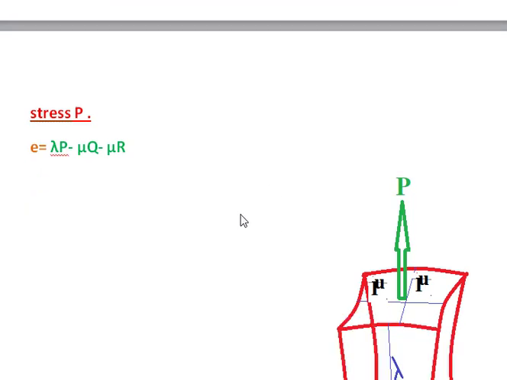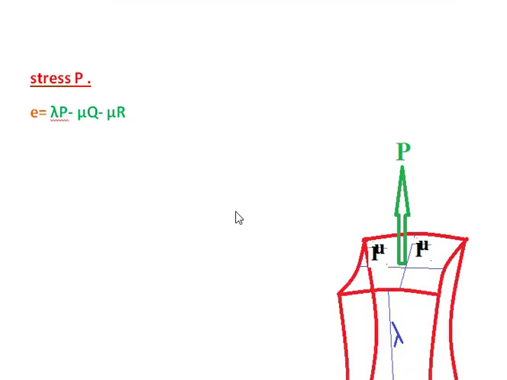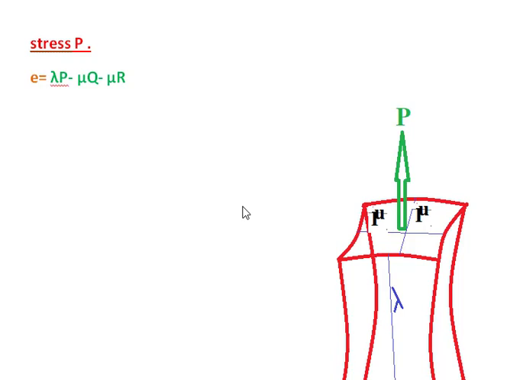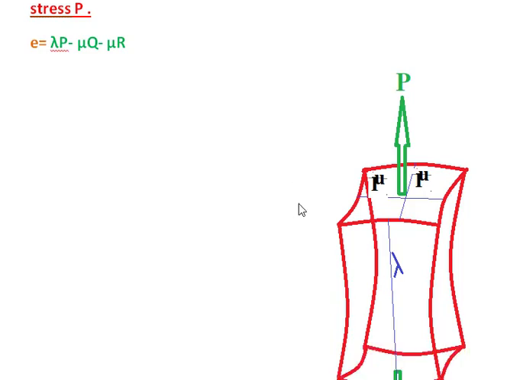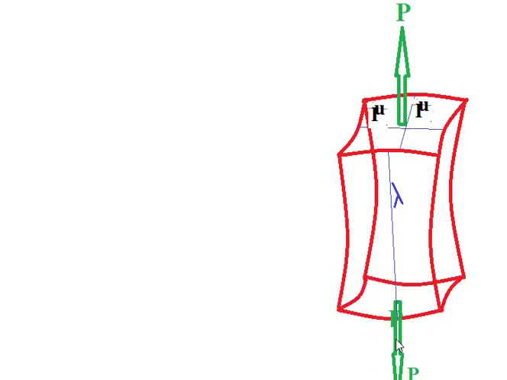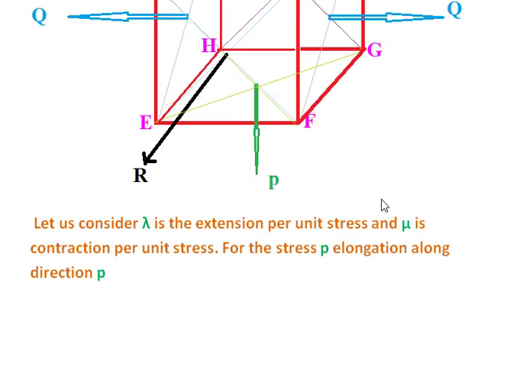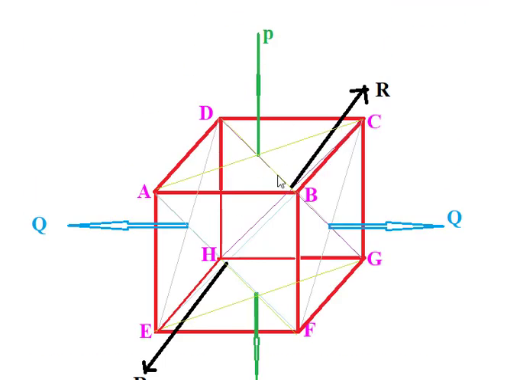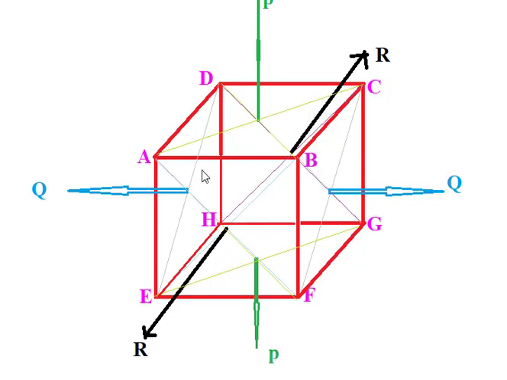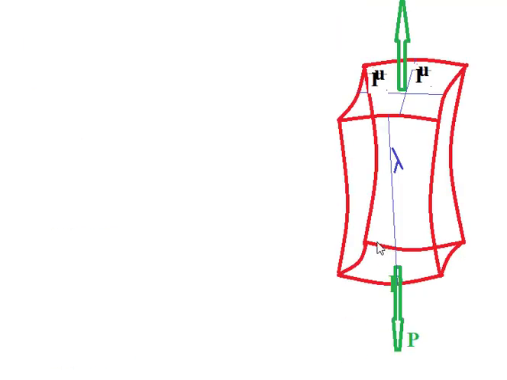For step 1, suppose we consider a force P only applied in this direction. See here, P is applied at the faces A, B, C, D and E, F, G, H. The pressure is applied here, so this cubic isotropic material changes into this shape.